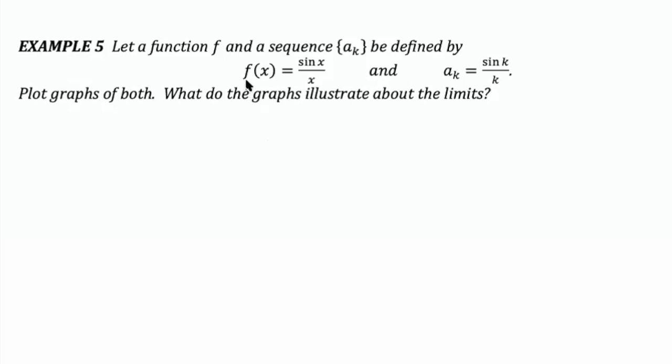And the function is f of x equals sine of x over x. And the sequence is a sub k equals sine of k over k. And we're asked to plot the graphs of both. So keep in mind that for the function, f of x equals sine of x over x, if we were to make a table of values for this function, its inputs and its outputs, we would allow all real values for x.